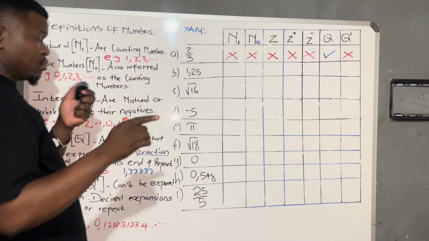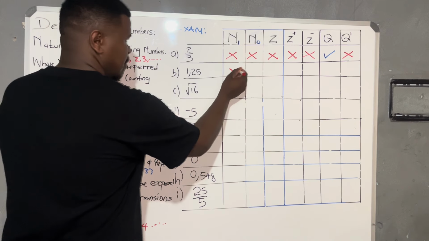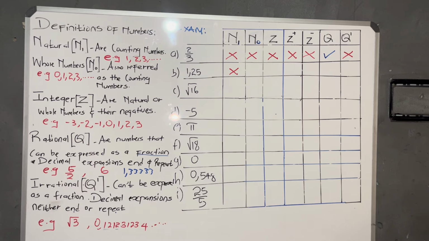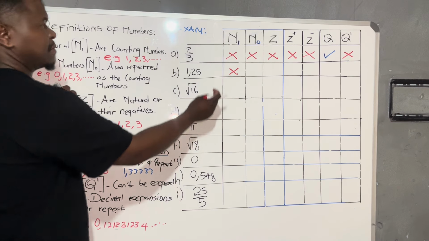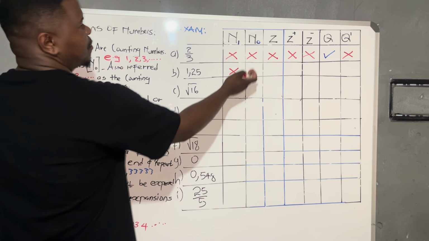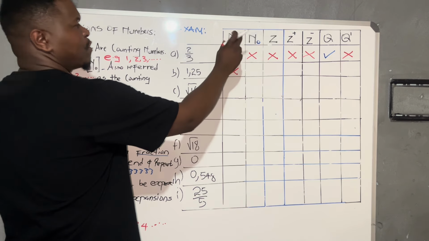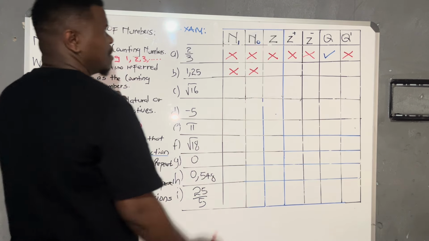If your answer is no, that cannot be a natural number. Never. You can be arrested for that. All right. Something that cannot be a natural number cannot be part of the whole numbers, because these two interlink. They are both for counting. So this one is also a no.